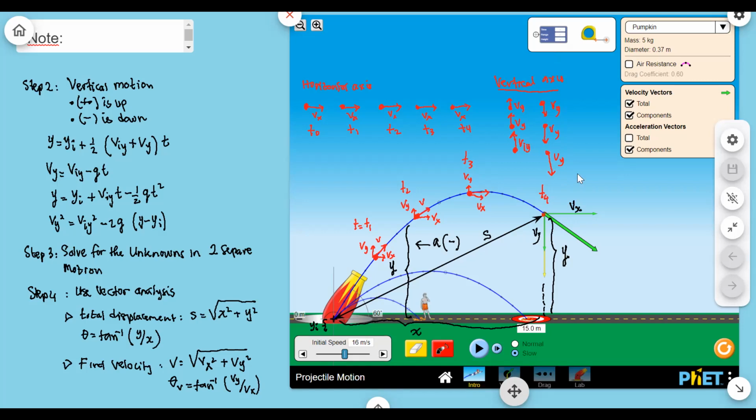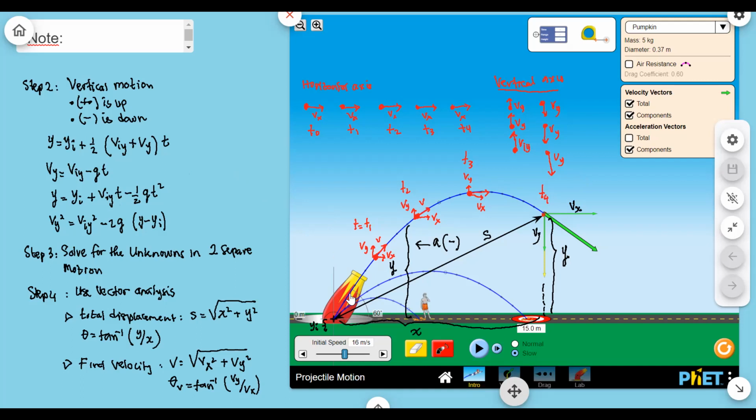Now, that is the condition for projectile motion, guys. You can set up any simulations using this website. You can also set up the initial height of the particle, and still follow the formula.